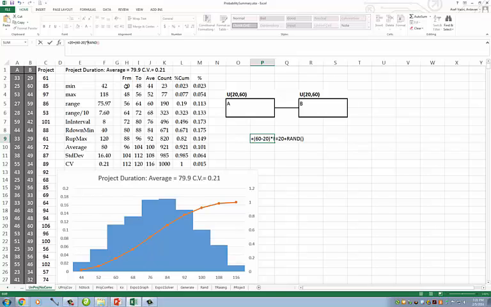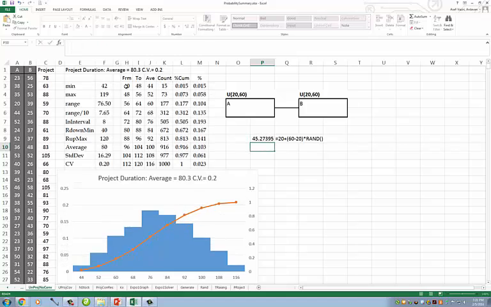Now, if RAND is 0, it is multiplied by 40, which is 0, and then added to 20, it becomes 20. If RAND is 1, it is multiplied by 40, giving 40, and added to 20, it becomes 60.